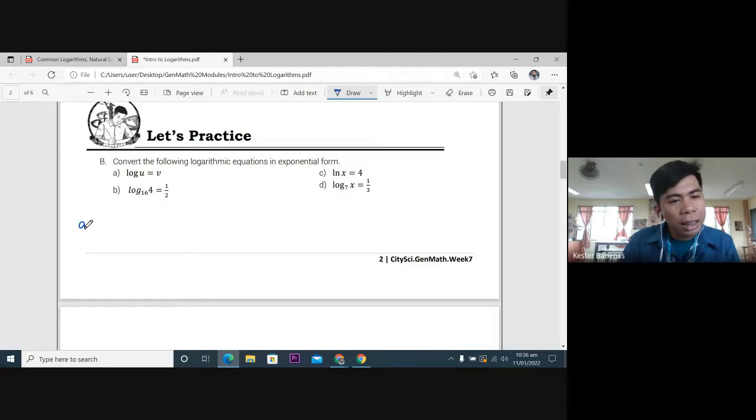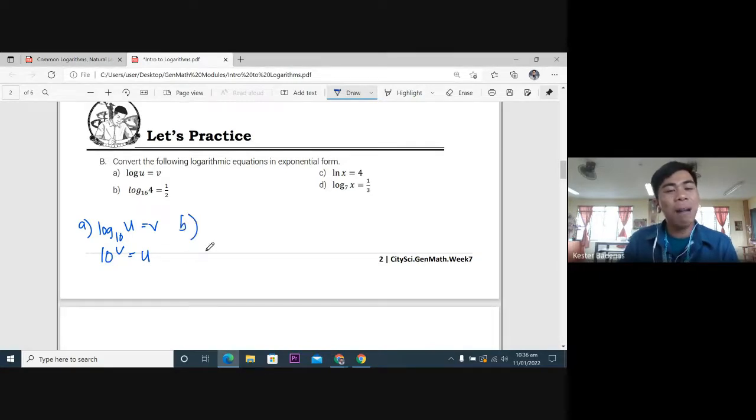So yung a natin would become logarithm of u with the base 10, di ba? Is equal to v. Therefore, our exponential form or exponential equation would be 10 raised to v is equal to u. Okay?